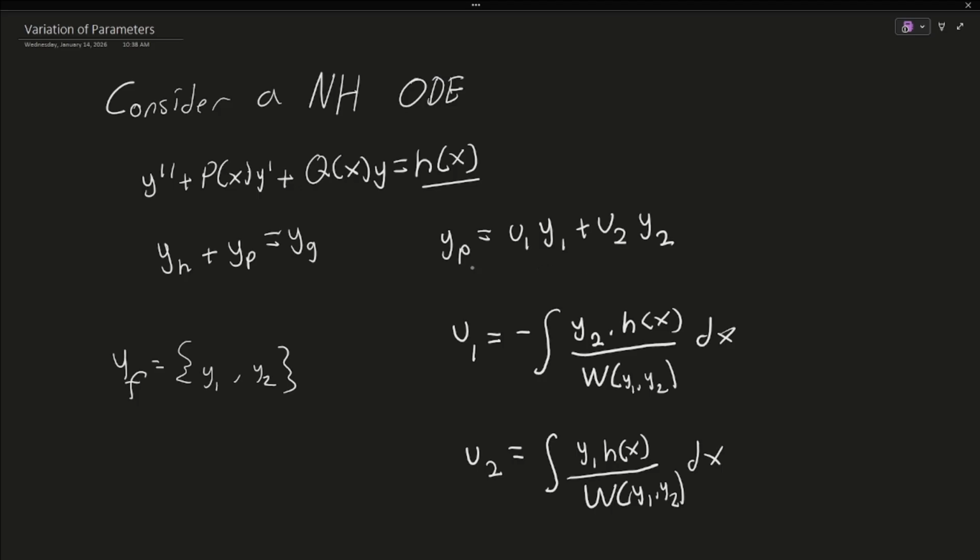Once we have those, our particular solution becomes really easy to find, and our particular solution plus the homogeneous solution gives us the general solution. We also want to find the Wronskian of y1, y2, because it will help us get u1 and u2. So we will be using the Wronskian a lot in this method of variation of parameters.